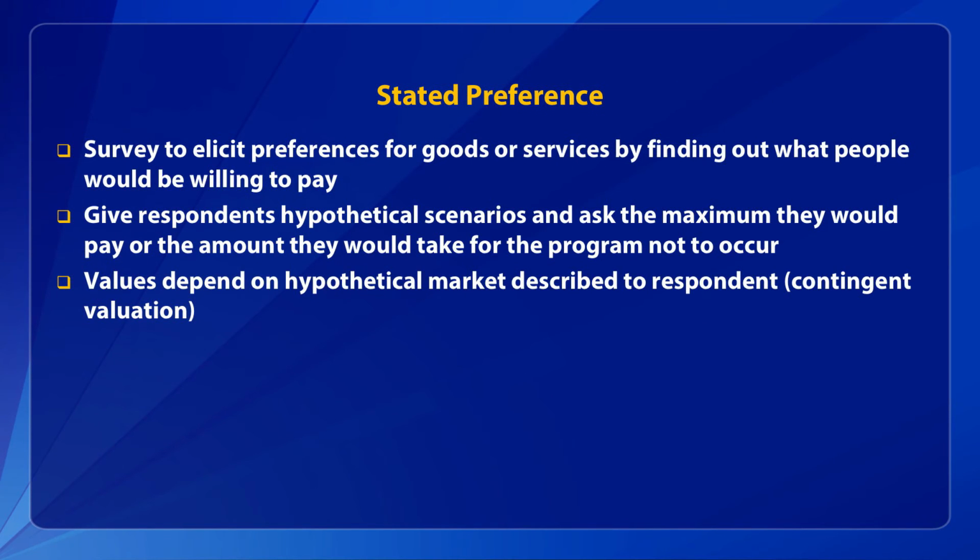Another alternative to valuing benefits in a benefit cost analysis is simply to ask people to state how much they are willing to pay. This is accomplished through sophisticated survey methodology. Respondents are presented with a hypothetical scenario, such as a risk of cardiovascular disease, and asked how much they would pay for a risk reduction in that scenario, or how much they would have to be paid to take an increased risk.